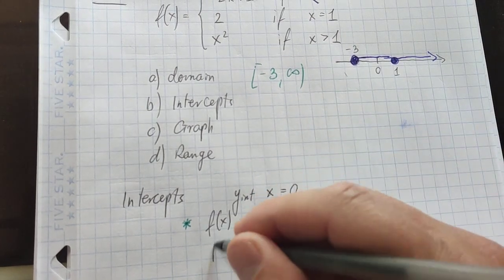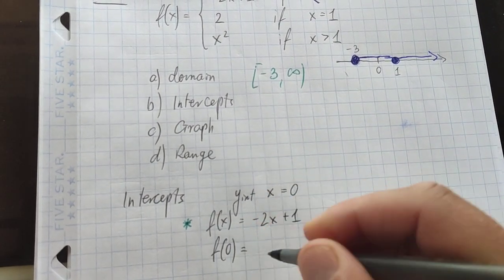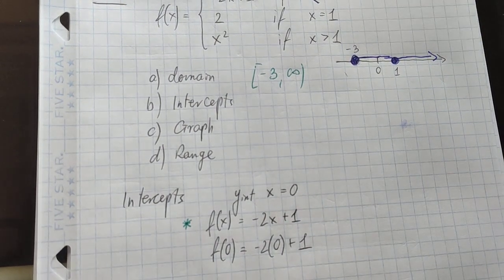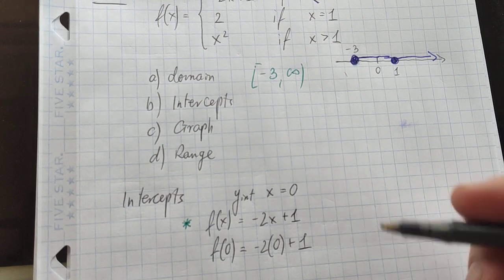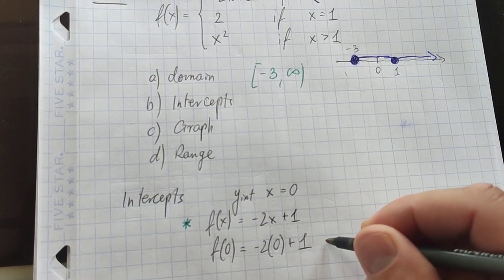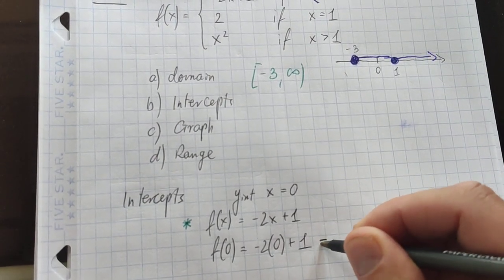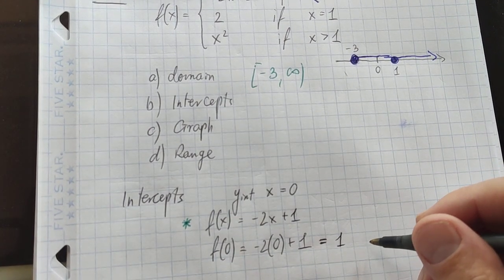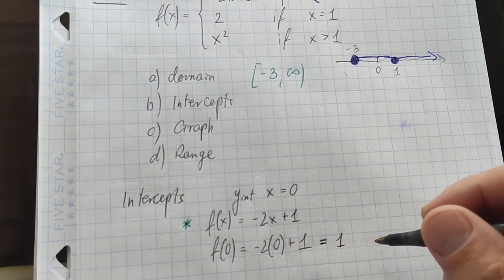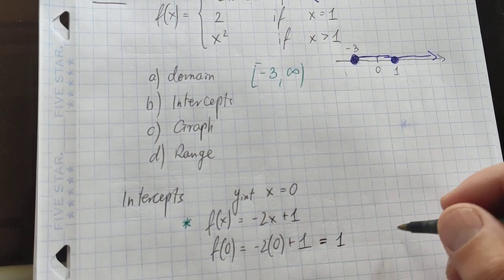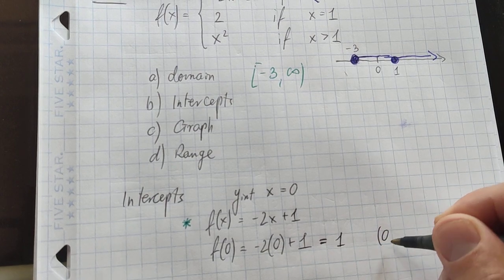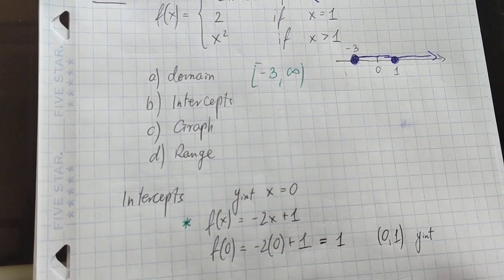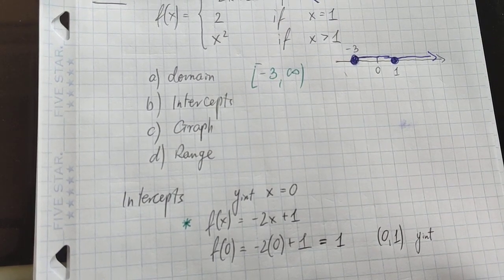So I'll do f of 0. I'll get negative 2 times 0 plus 1. My pen is dying. Let's use this one. So we have 1. So our y-intercept will be (0, 1). Okay, so we got it from the first function.